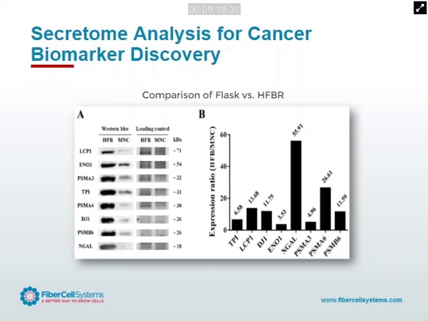If we were just simply concentrating the secretome from these cells, then all the proteins should be concentrated to the same degree. But in point of fact, the one protein NGAL is 56 times more secreted in hollow fiber in three-dimensional culture than in flask culture.